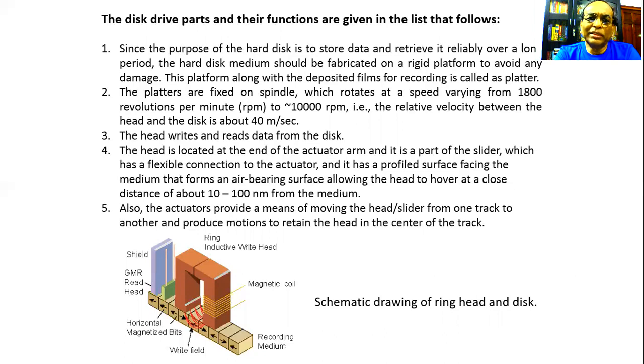The head writes and reads data from the disk. The head is located at the end of the actuator arm, and it is a part of the slider which has a flexible connection to the actuator.